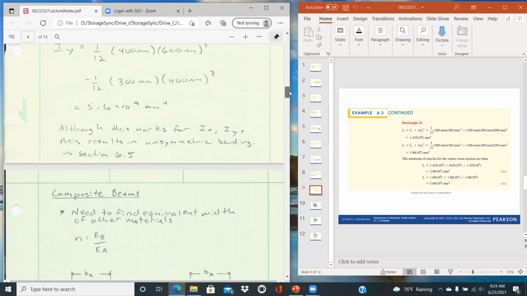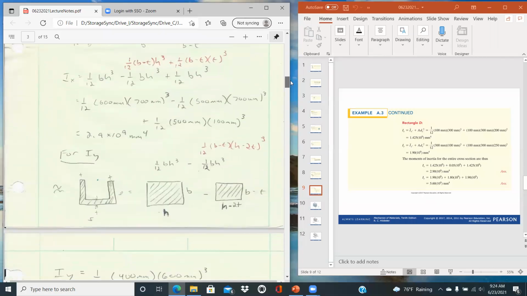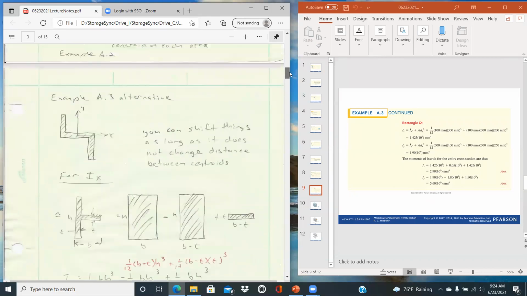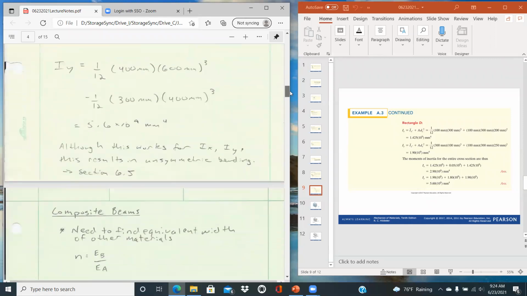And this method of shifting the geometries like this will get you the correct area moment of inertia calculation, but the non-symmetric nature of the cross-section that we have will create non-symmetric bending. And so you'll get some twisting out of that.